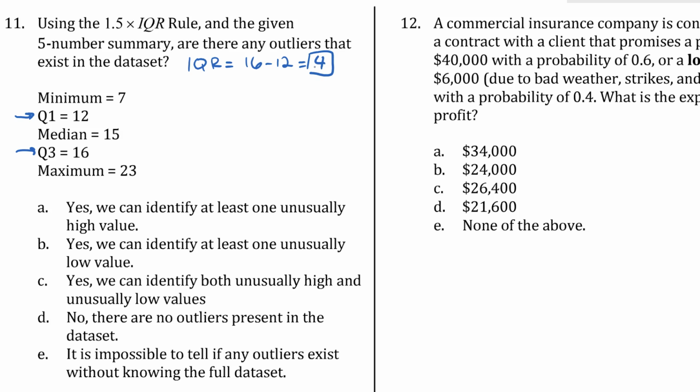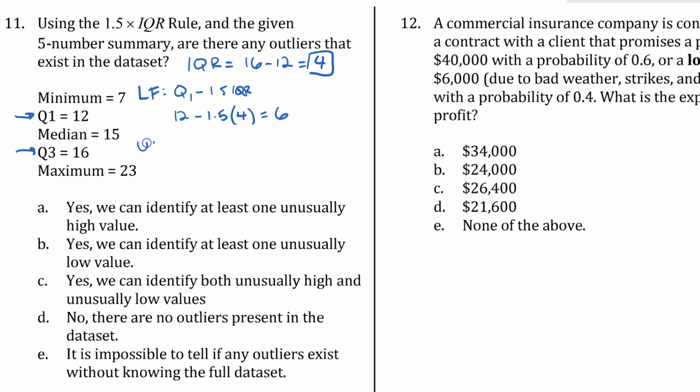And now, let's use those formulas to find our fences. If we wanted to find our lower fence first, this would be Q1 minus 1.5 times our IQR. Plugging in these numbers, we get Q1, which is 12, minus 1.5 times our IQR we calculated was 4. Typing this into our calculator, we get 12 minus 6, which is going to be 6.